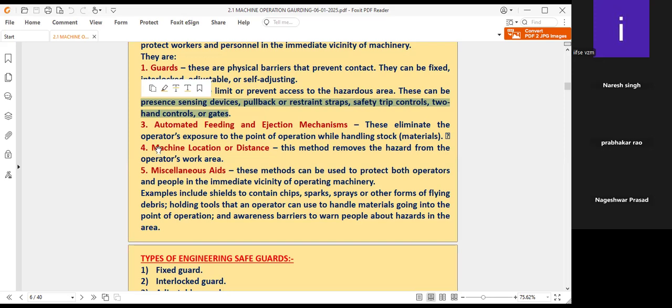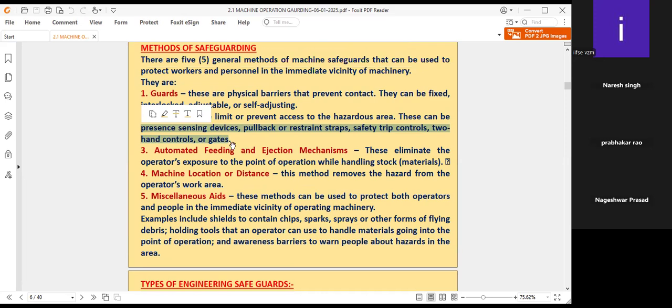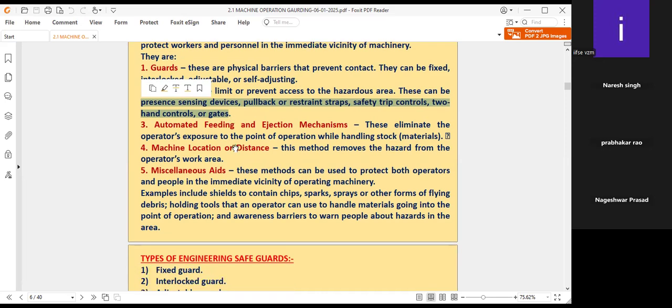Machine location and distance is also important. This method removes the hazard from the operator's work area. Once we talk about safeguards, you have to see what distance you have to maintain from the guard of the machine. No doubt there is a distance between you and your equipment, but the guard is beyond the scope of your machine.